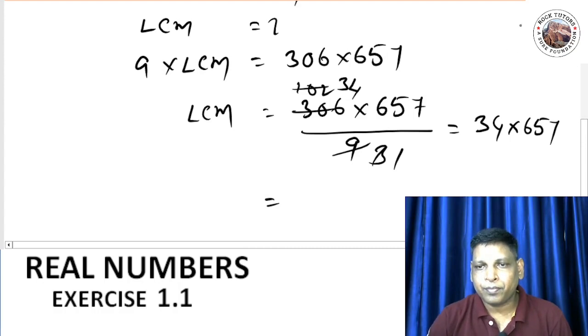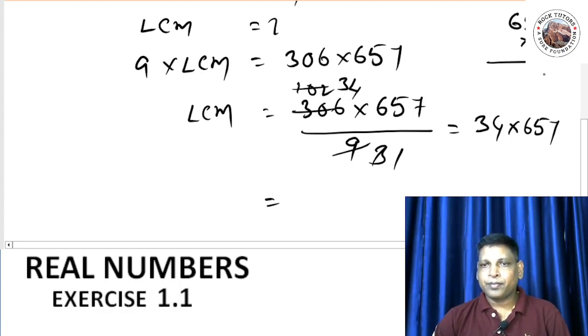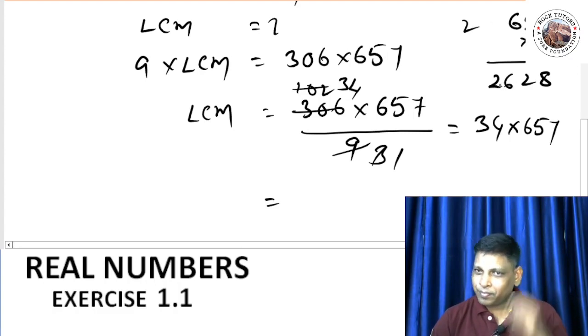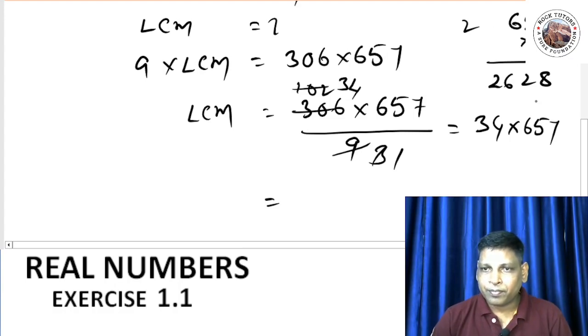657 multiplied by 34. 4 sevens are 28, 4 fives are 20, 22. 4 sixes are 24, 26. 3 sevens are 21, 3 sixes are 18, 119.